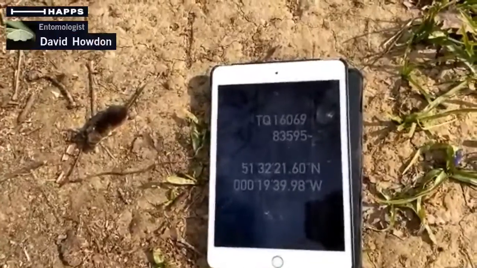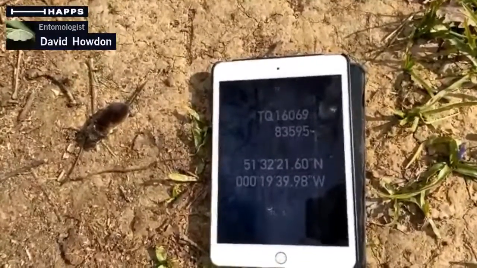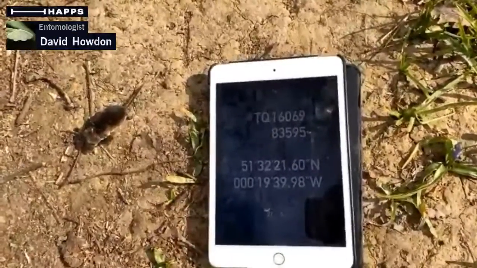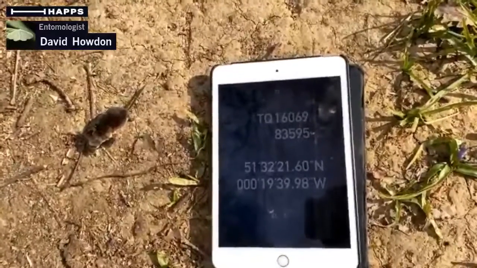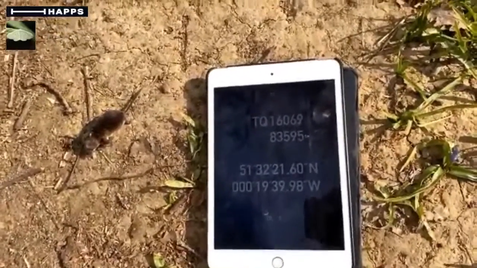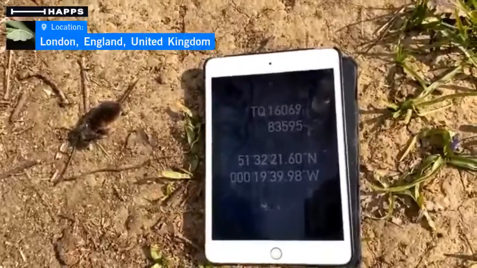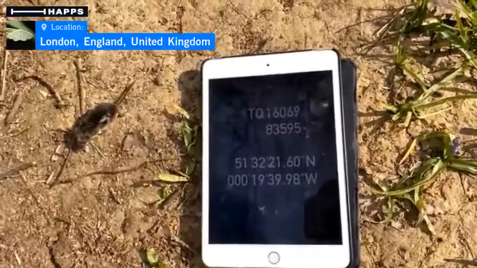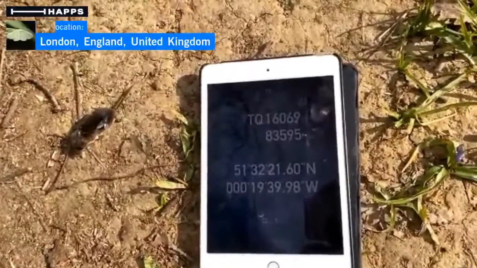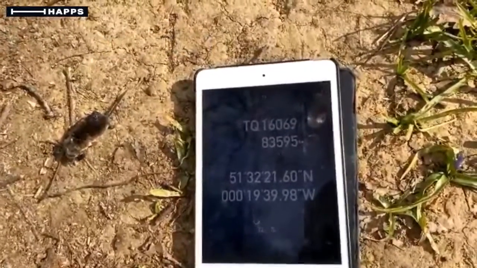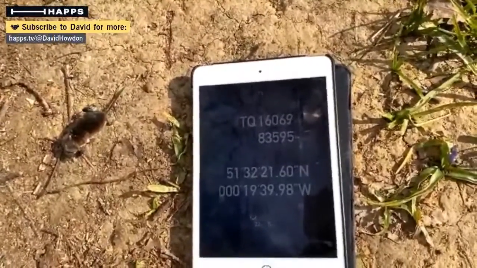And that consists of 2 letters and then a series of numbers, either 4, 6, 8 or 10 numbers. And they tell us, in effect, where we are.